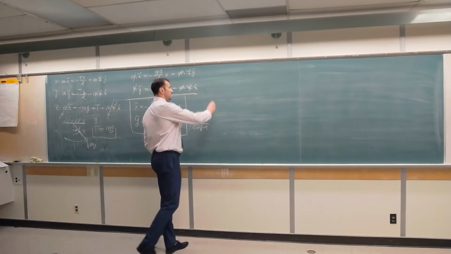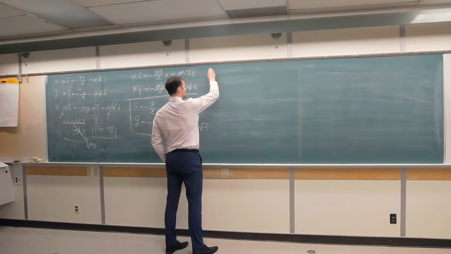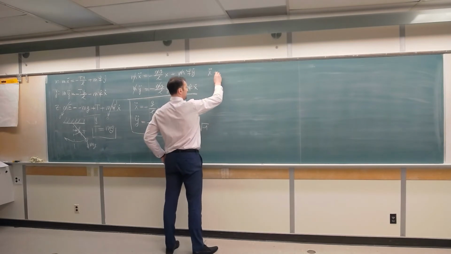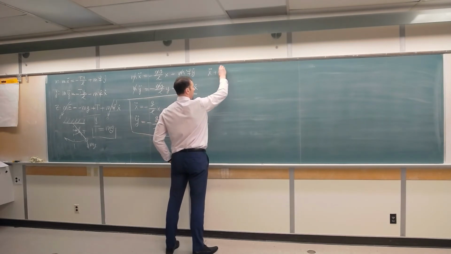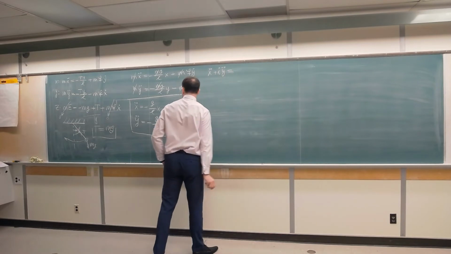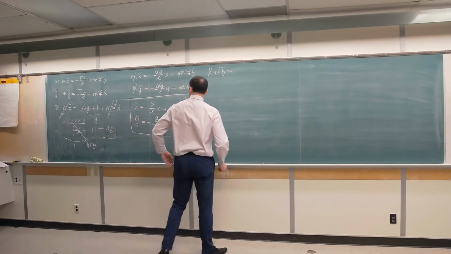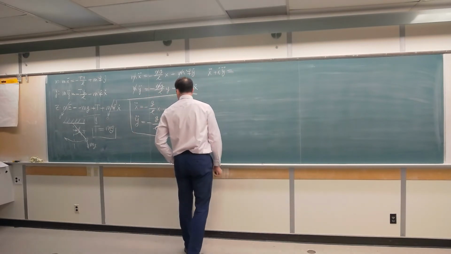If I do that, I will get here x double dot plus i y double dot is equal to, what?